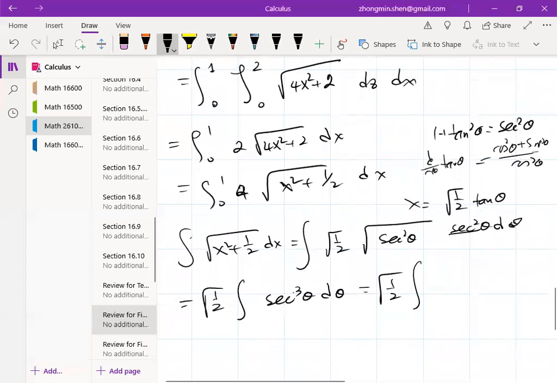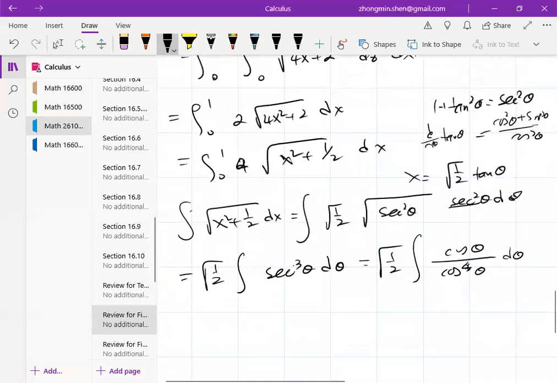I should just continue: it's 1 over cosine cubed theta, d theta. My idea is I multiply cosine theta in the numerator and denominator, so it becomes cosine squared theta. Then cosine theta is coming from the derivative of sine theta.